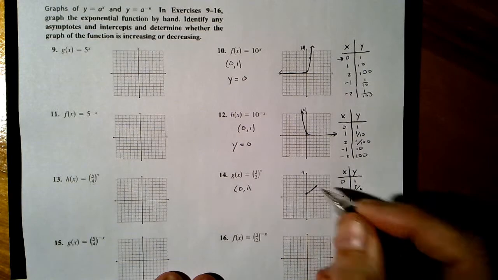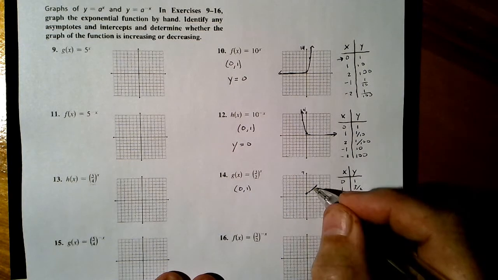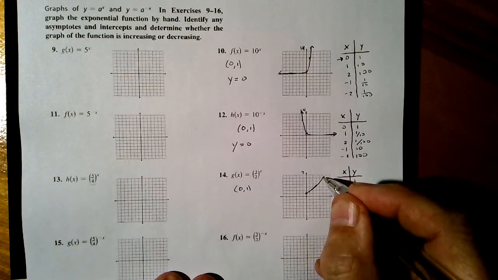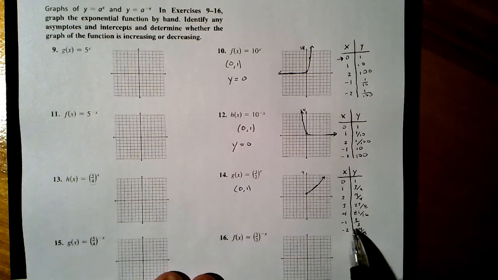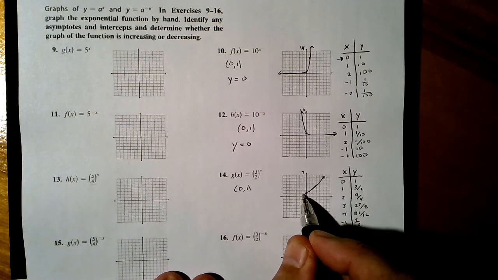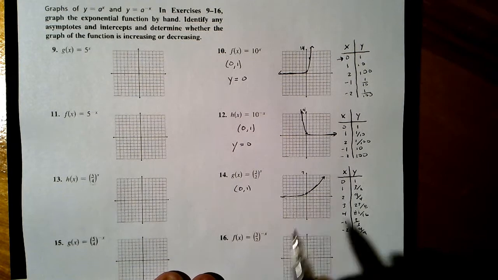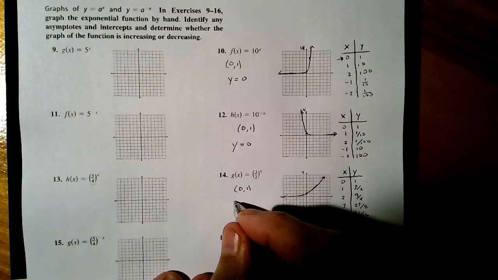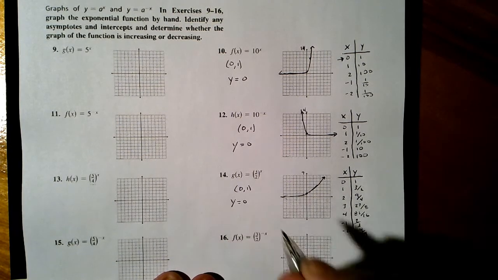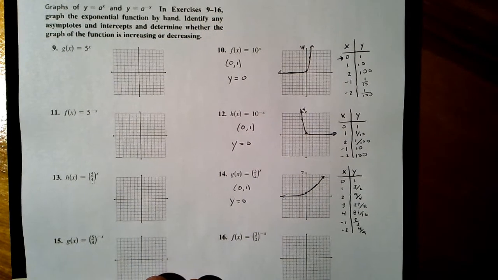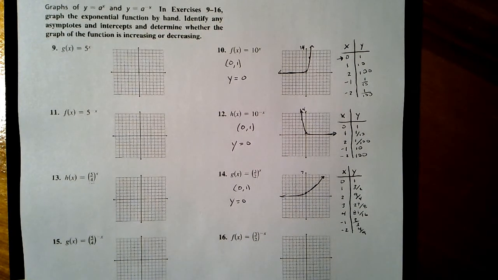And we could probably put in 5, and that might fit on the graph as well. Now when I put in negative 1, I'm at 2/3. Put in negative 2, I'm just under 1/2. And again, we're getting sucked into 0 this way. So we have a horizontal asymptote again of y equals 0 and no x-intercepts.